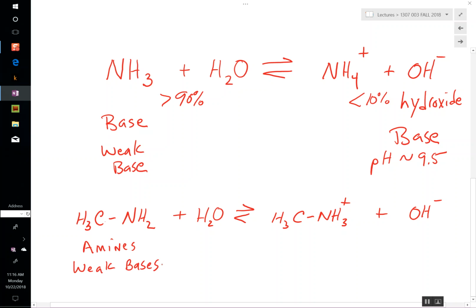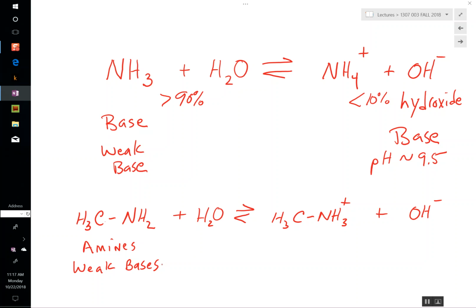So I don't have a slide for it, but you should be able to complete this kind of reaction or expression here to show what would happen when amines are dissolved in water or bubbled into water. They're going to raise the pH.